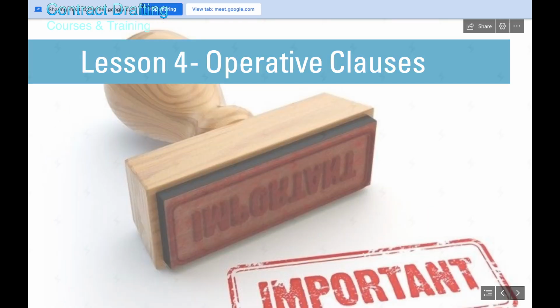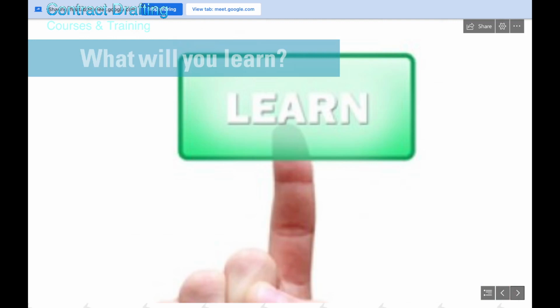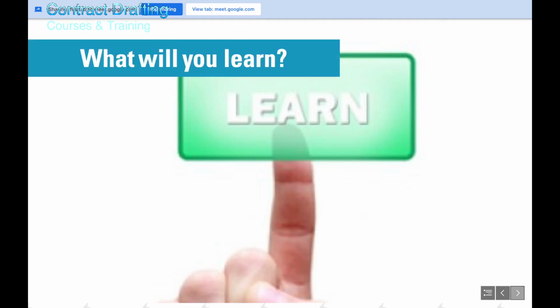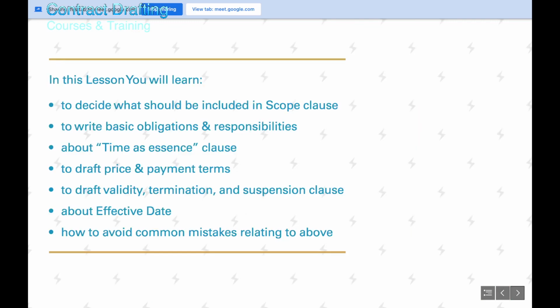What is expected out of this lesson is that after this session, you will be able to understand what we have to include in a scope clause, what should be the basic obligations or responsibilities of the parties. I have just included time as an essence of clause for some transactions.